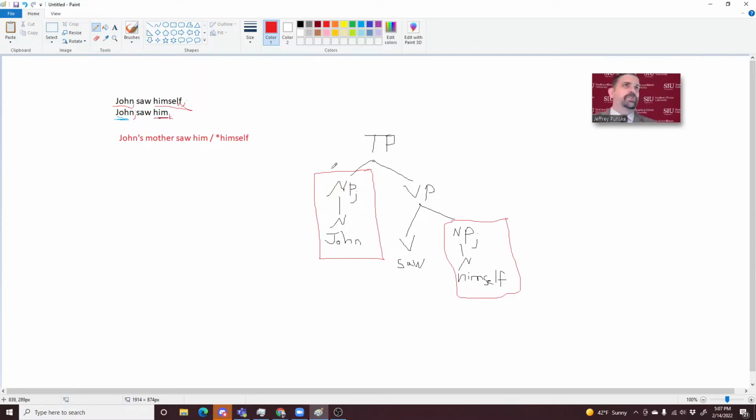So John asymmetrically C-commands himself. The asymmetric part is going to be more important for us later on, but for now, we just need to note that John C-commands himself, and John is co-indexed, so they're marked as being co-referential items. We could test this by reversing the sentence. Himself saw John. Oh, that is pretty terrible.